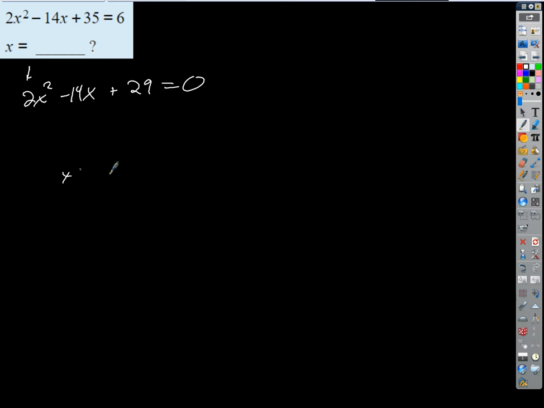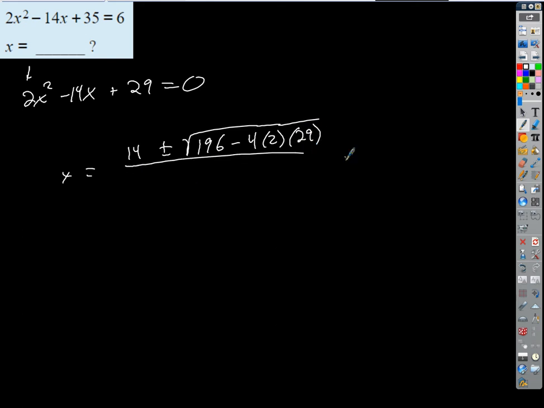So x equals negative b, so that's going to be what? 14 plus or minus square root of b squared, negative 14 squared is 196, minus 4 times 2 times 29, all divided by 2 times 2.